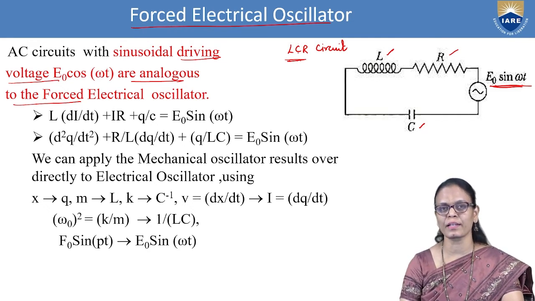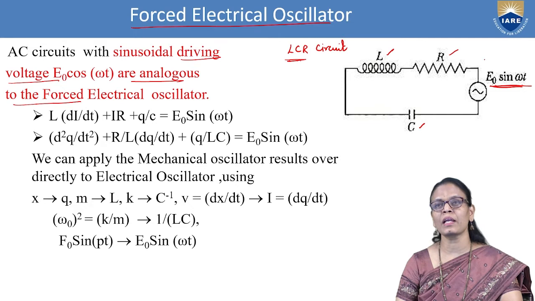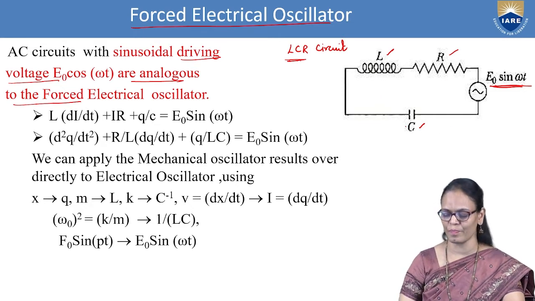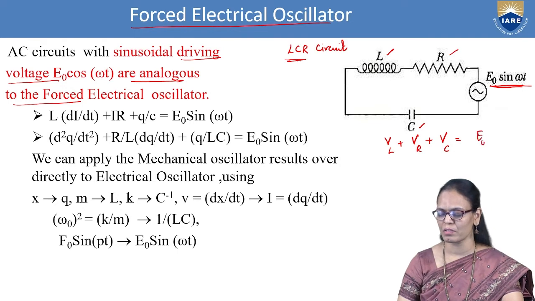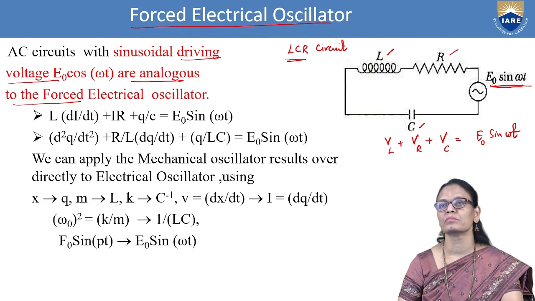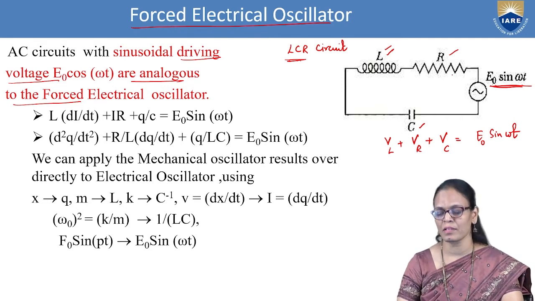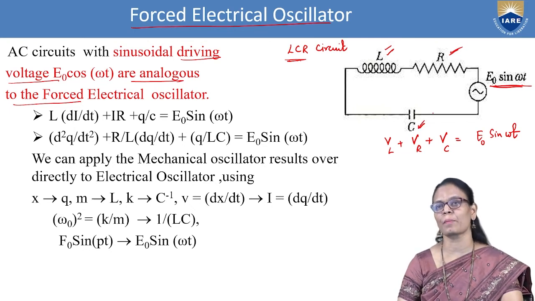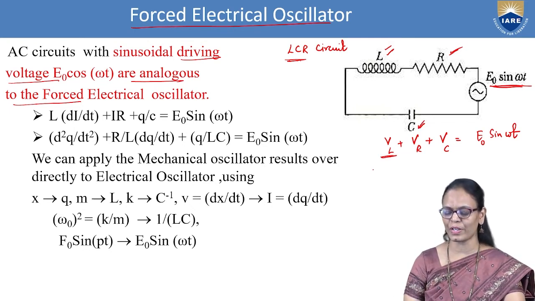So how do we write the expression now? For an LCR circuit, in a closed loop according to Kirchhoff's law, VL plus VR plus VC should be equal to E naught sine omega t. VL is the voltage across the inductance, VR the voltage across the resistance, VC the voltage across the capacitance.